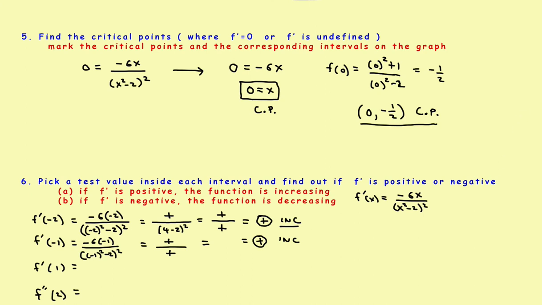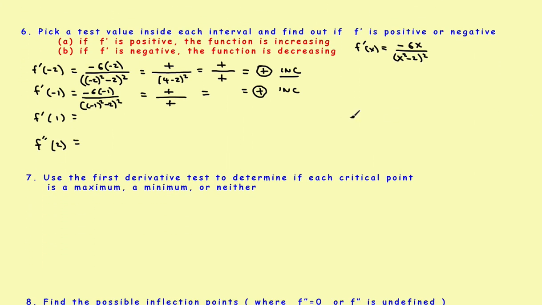So now let's go to the next interval. This time I'll plug in a 1. So I've got minus 6 times 1 divided by 1 squared minus 2 squared. Now use the same logic.